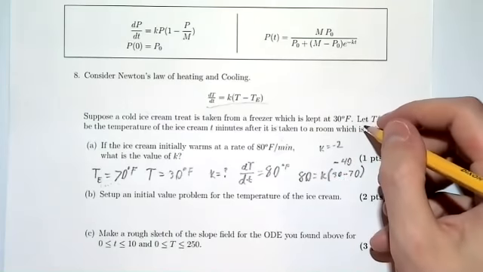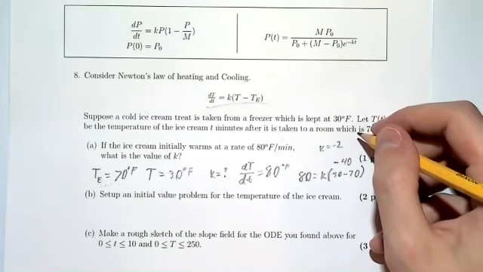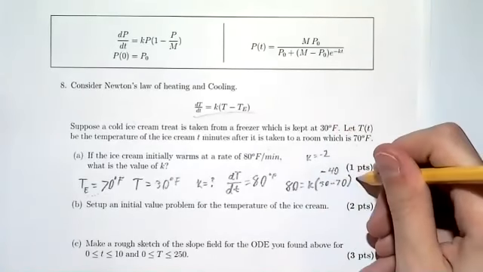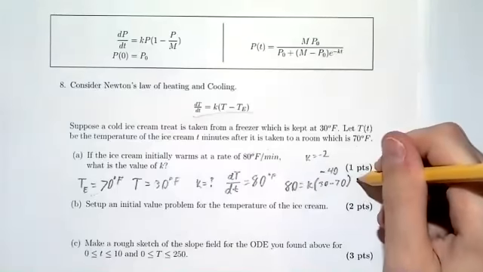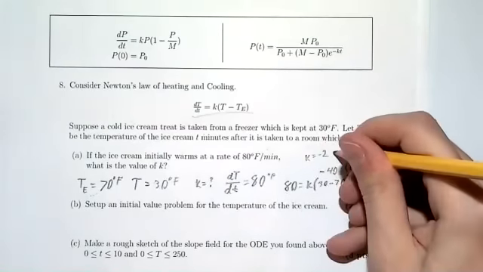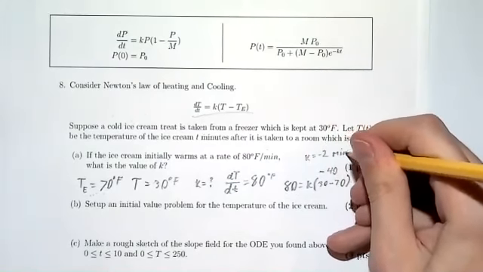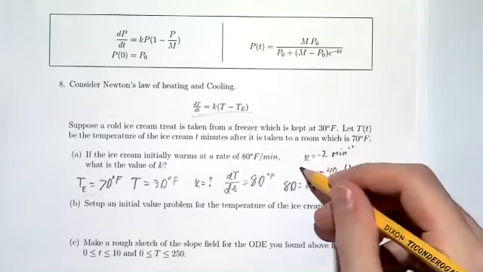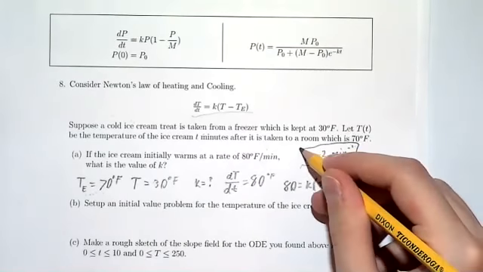And then it will have units. This is in Fahrenheit, this is in Fahrenheit per minute. So K has to be in minute to the negative first, or 1 over minute. So this would be your answer here.